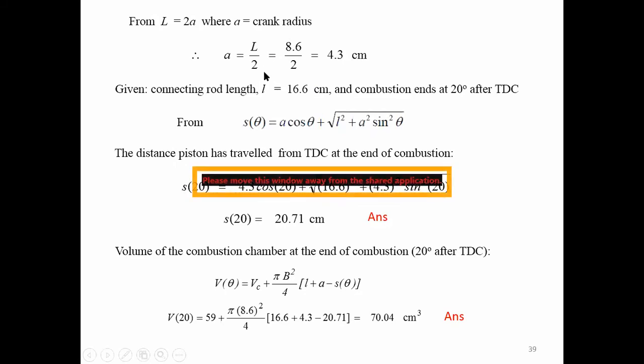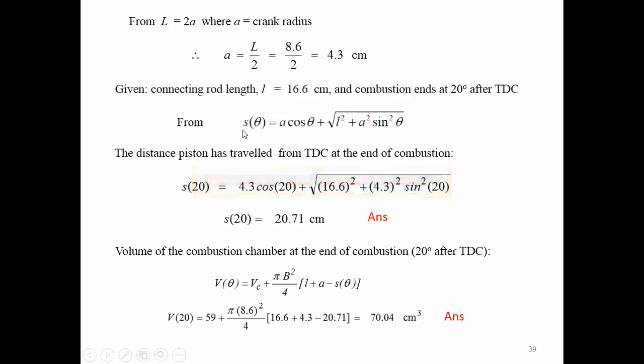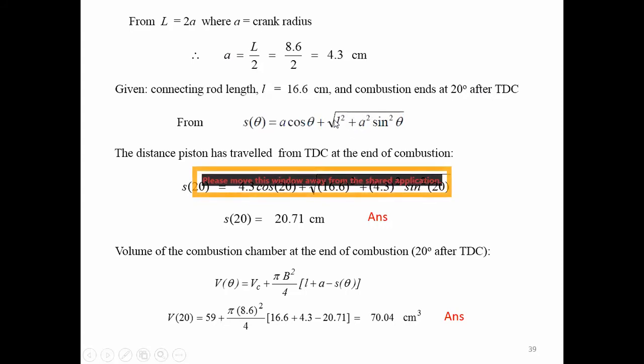Remember, the connecting rod length and the crank radius are always constant. So we have 4.3 for the crank radius and the connecting rod length is about 16.6. So when the combustion ends at 20 degrees after top dead center, the distance that our piston moves is shown right here. Theta is 20, and the crank radius and connecting rod length we already know.